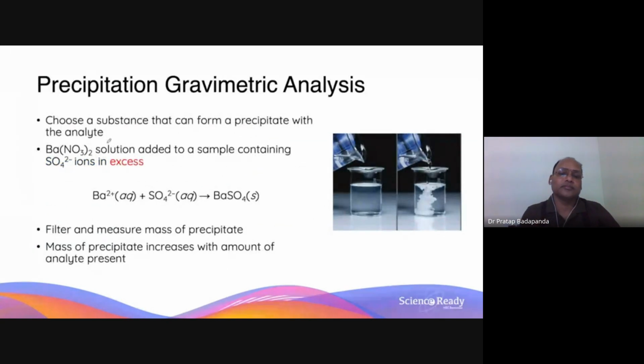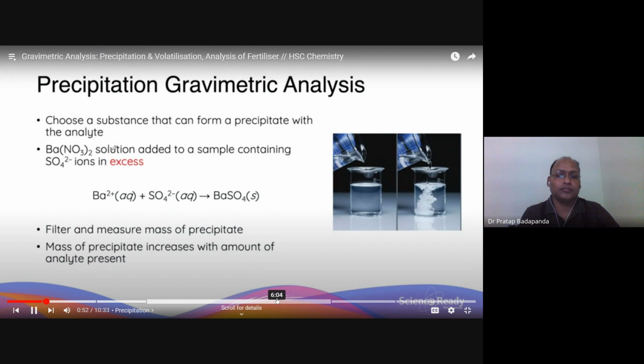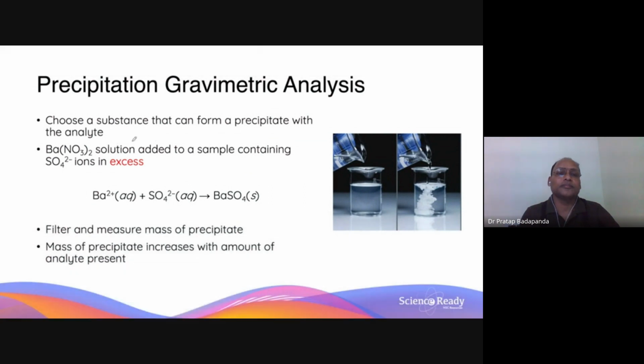In precipitation gravimetric analysis, a substance is added to the analyte of choice such that a precipitate is formed. For example, if we want to determine the concentration of sulfate ions in a solution, we can add a solution of barium nitrate to the solution containing the sulfate ions to produce a precipitate, that is, barium sulfate.